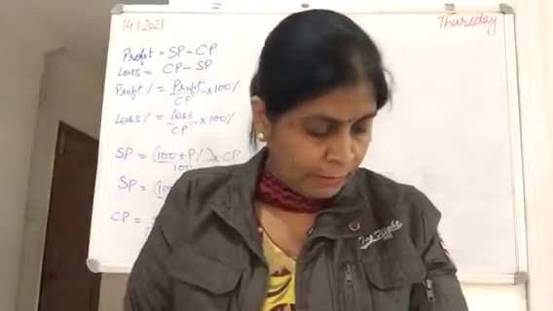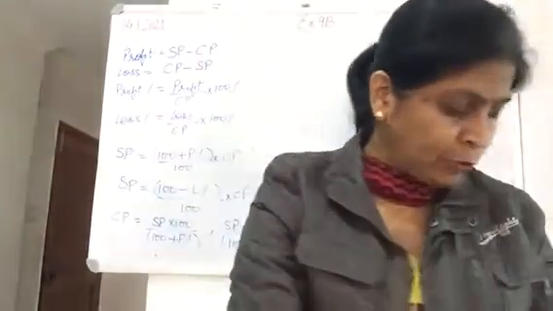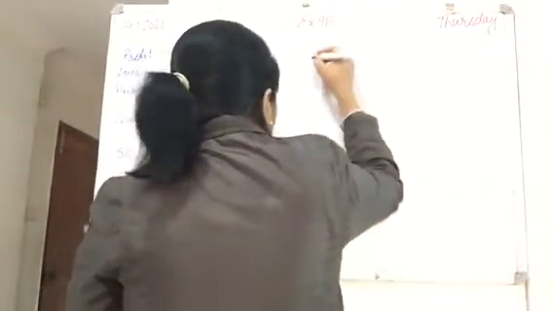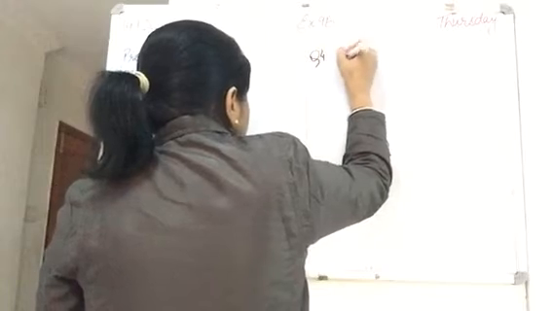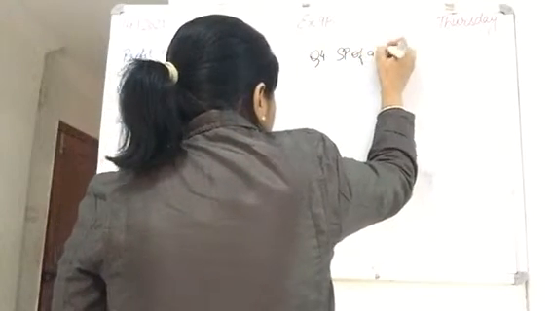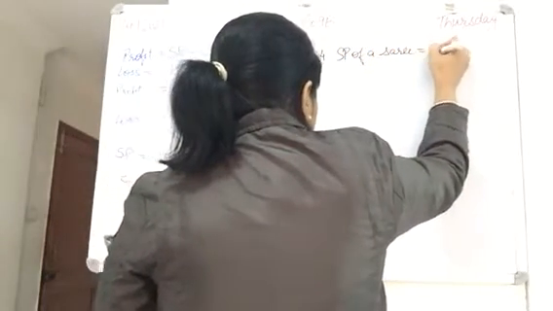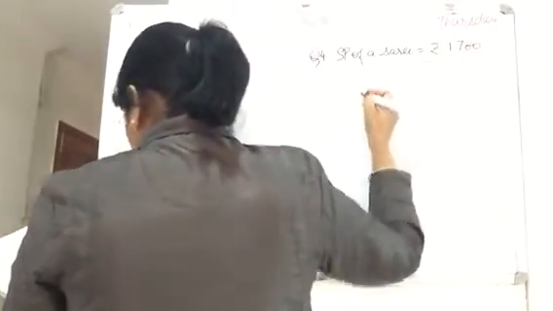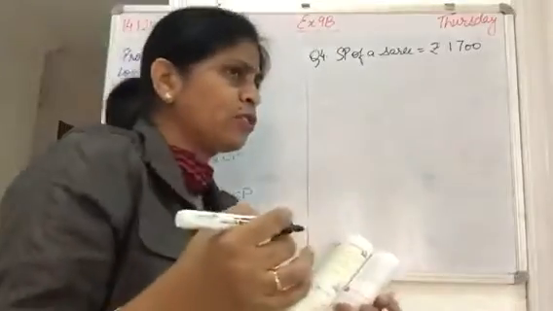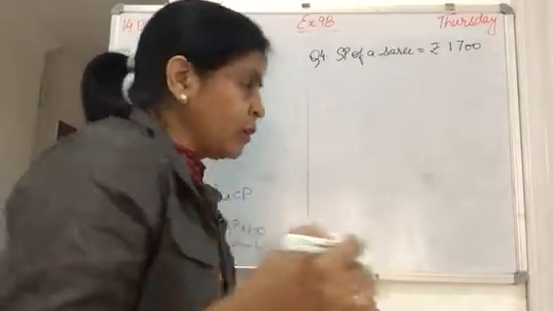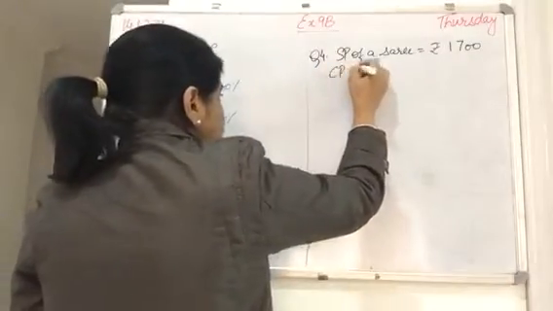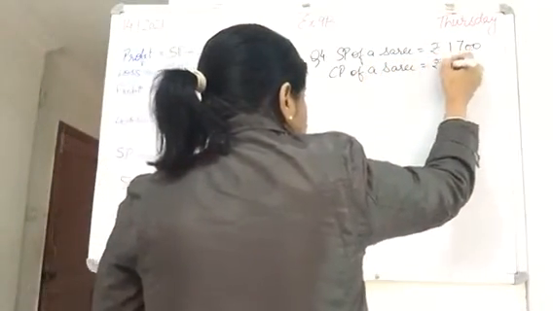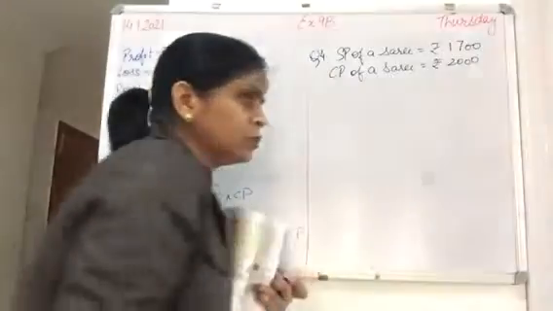Now question number 4. Mohan sold a sari for rupees 1,700, and for which he had paid rupees 2,000. So cost price of the sari equals rupees 2,000.